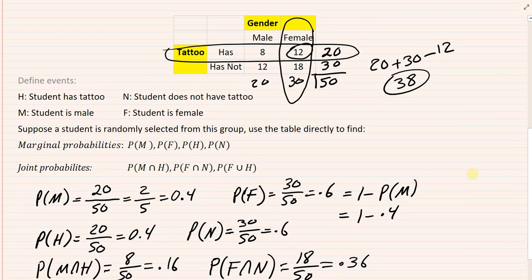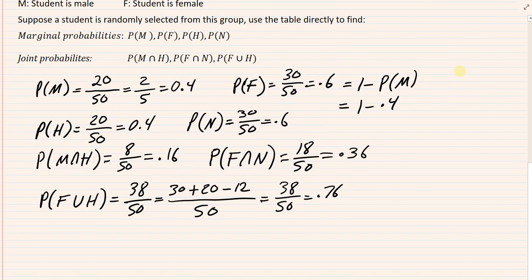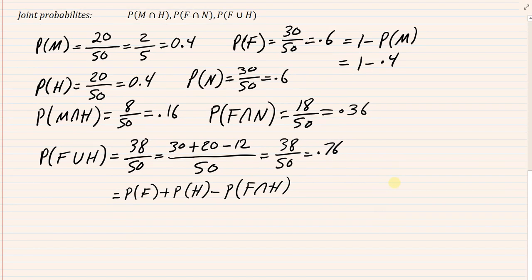Okay. Now you could also use, for probability of F union H, we can go probability of F plus probability of H minus probability of F and H, and we can also get it that way. Probability of female, well, we found it from earlier, that was 60%.